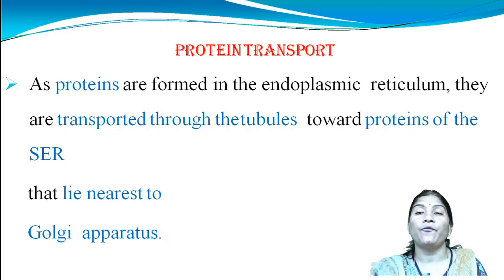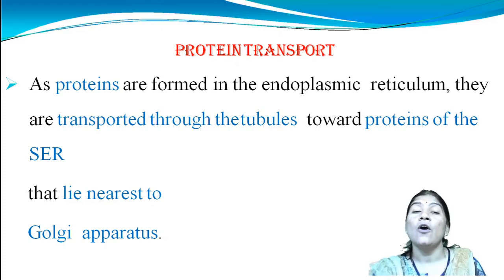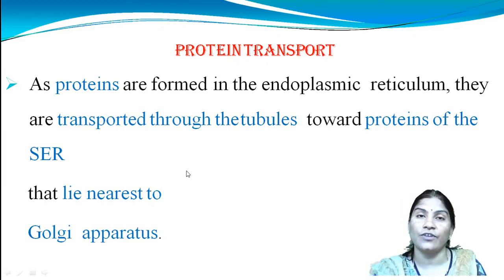The proteins formed in the endoplasmic reticulum are transported through the tubules towards the portion of the smooth endoplasmic reticulum which lies nearest to the Golgi apparatus. We know that tubules and vesicles are included in the smooth endoplasmic reticulum.